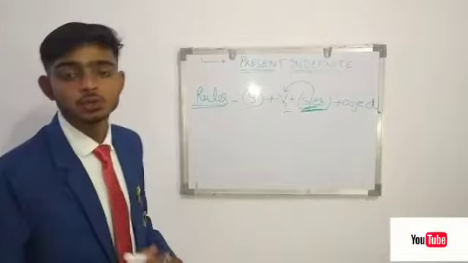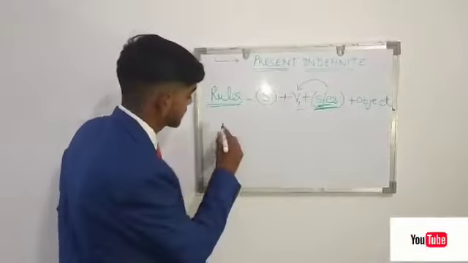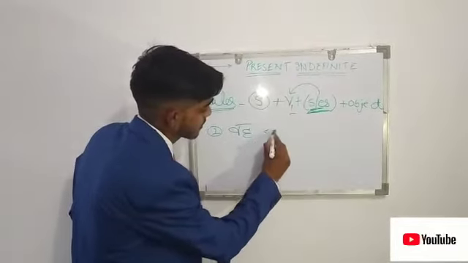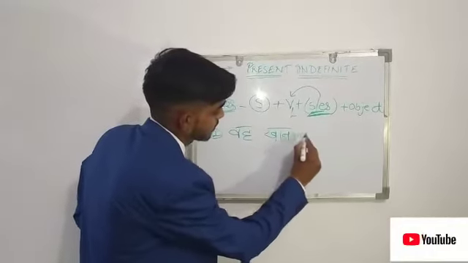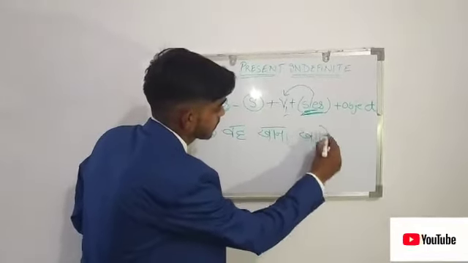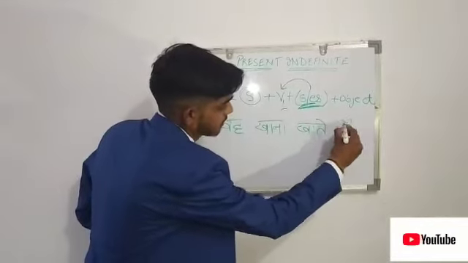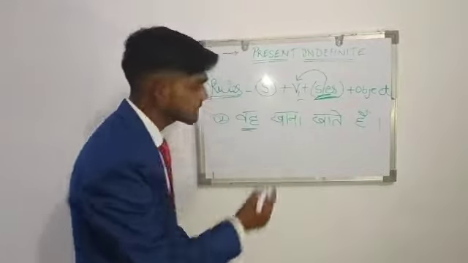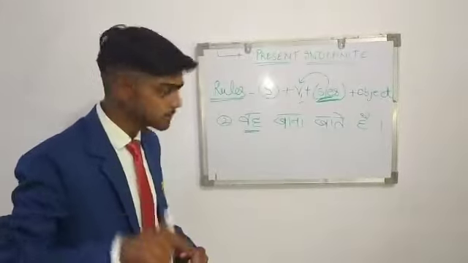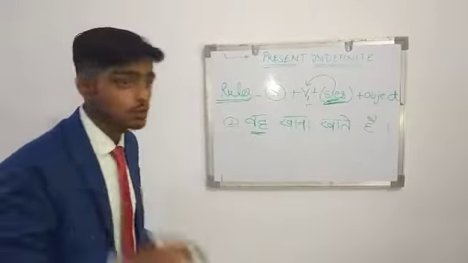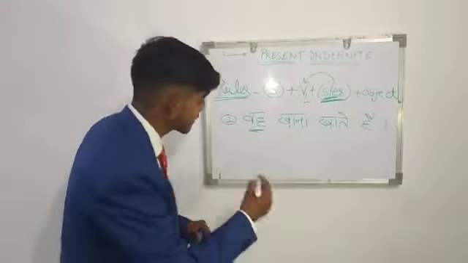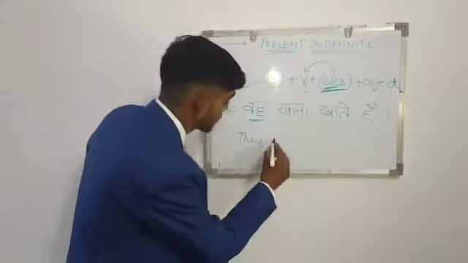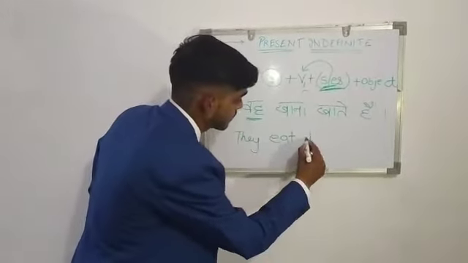So here we come to know how we can use this present indefinite tense with a singular subject. So the next example is वह खाना खाती. So here we come to know that this subject belongs to the plural subject. So here we applied the rule of present indefinite in this manner: first there is the subject, They eat the food.